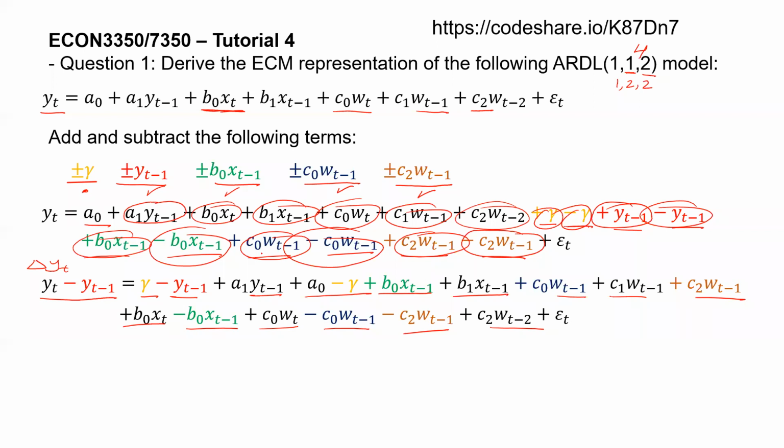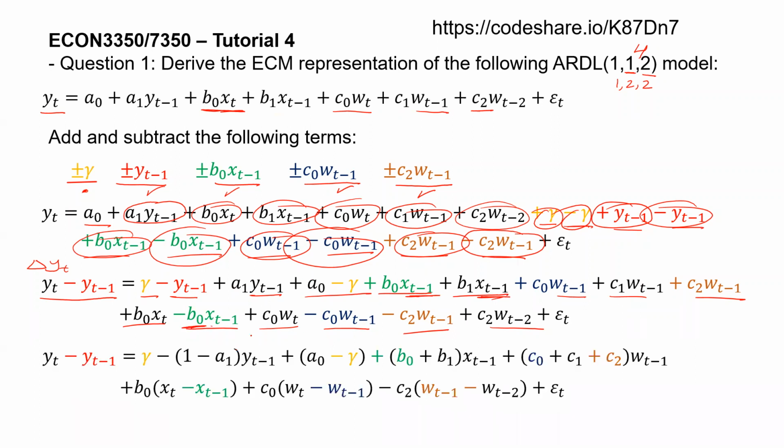So the positive terms, these terms that I added, b0 xt-1, c2 wt-1 and c0 wt-1, those positives will be grouped by variable, and the negatives will be grouped by coefficient. Now here I'm going to take just a bit of factoring.